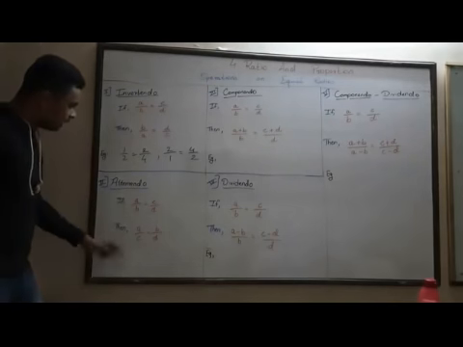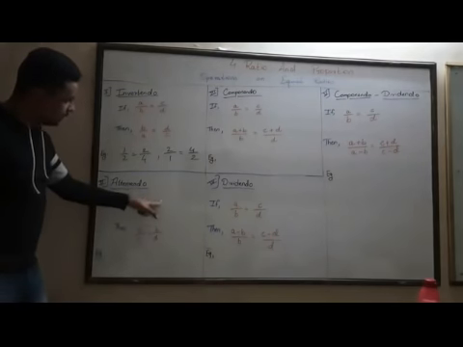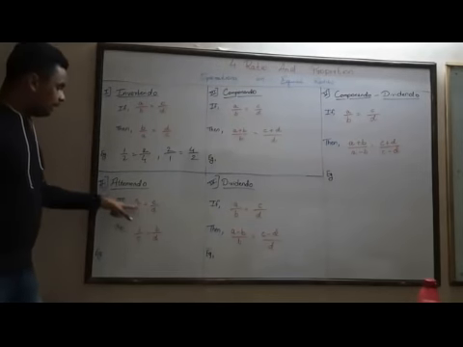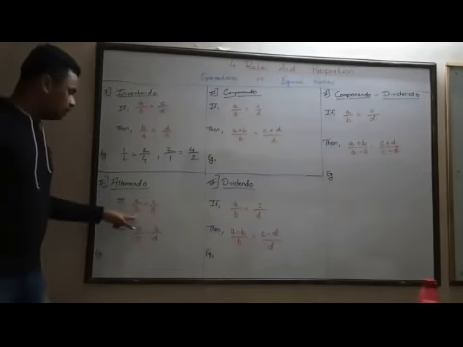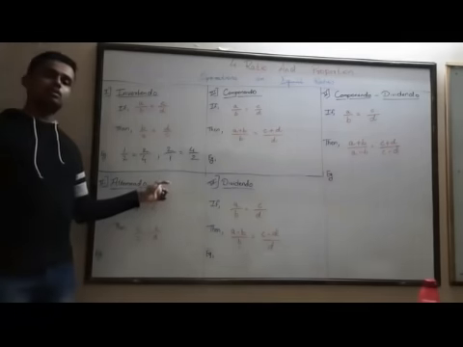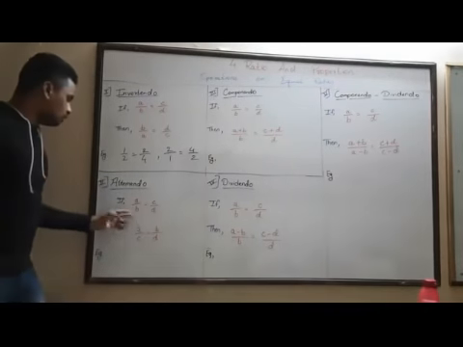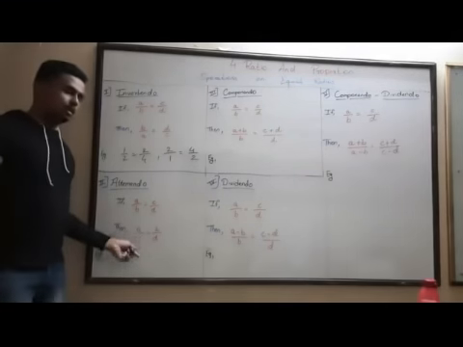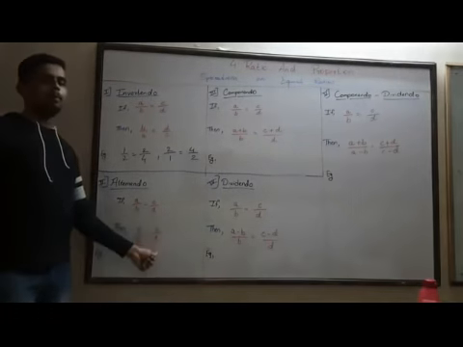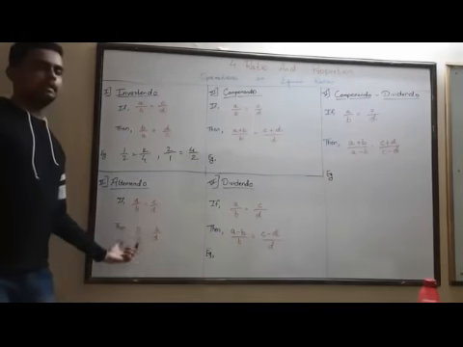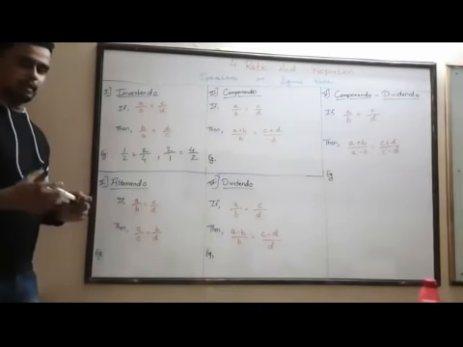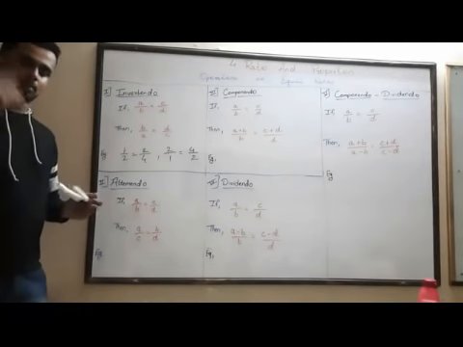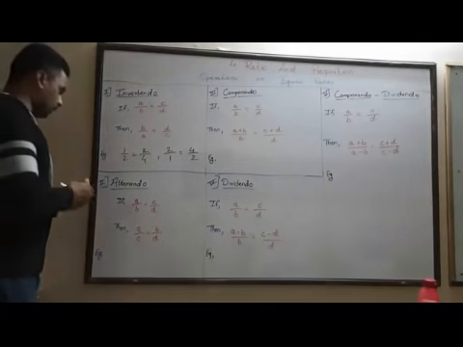Now these get converted to A upon C. The C of the second ratio comes to the first ratio, and the B of the first ratio goes to the second ratio's numerator. So my new ratios that are formed are A upon C equaling B upon D. This is what alternando does. Alternando means we change the alternate terms of the ratios.